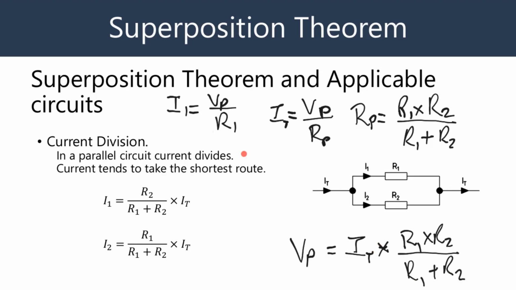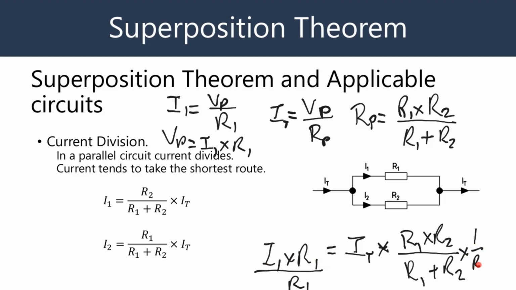However, V parallel is also equal to I1 times R1. I'm going to substitute that into this one here. So instead of V parallel, we substitute I1 times R1. I want I1 by itself. I divide by R1, and I'd say times by 1 over R1.